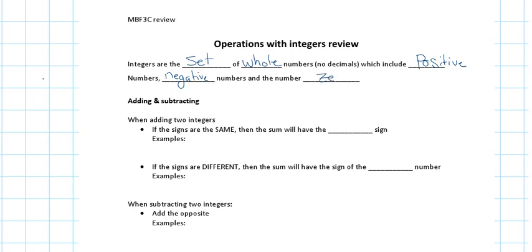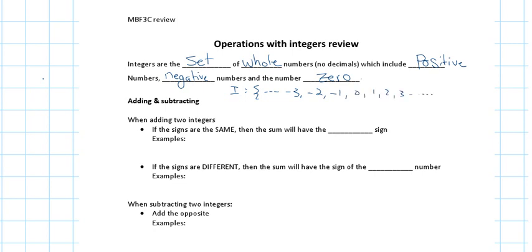Okay? So we write them as a set, we use the letter I, and then the set could be, let's say, -3, -2, -1, 0, 1, 2, 3, all the way to what we call the infinity.